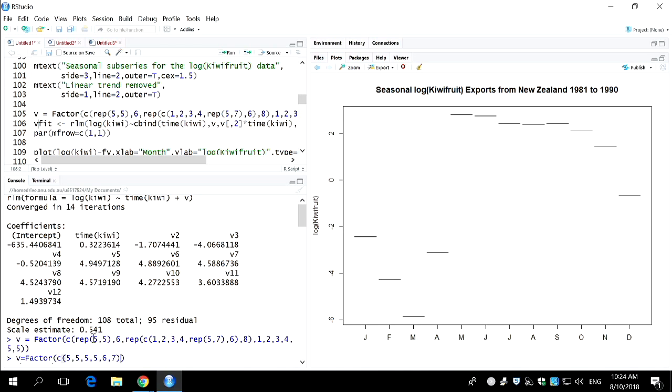That's the first bit of the data. Then I repeat: January, February, March, April, May, June is 5, July is 5, August is 5, September is 5, October is 5, November is 6, December is 7. I'm going to do that 8 times because that's 8 full years of data. And then I finish the year with January through June: 1, 2, 3, 4, 5, 5.